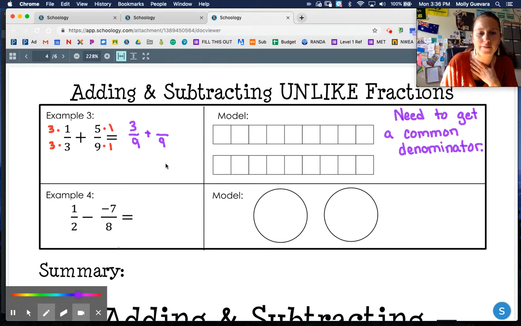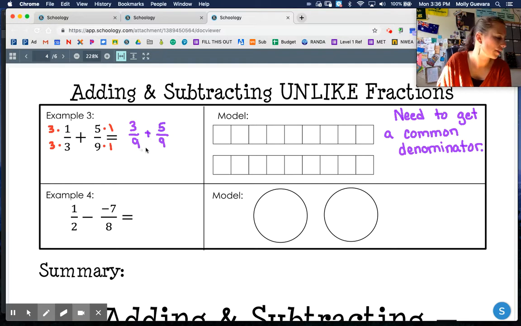You don't have to do this part if you can skip it, that's okay. 9 times 1 is 9. 5 times 1 is 5. So then now I have a common denominator, right? And I can just add across. So 3 plus 5 is 8, and then the denominator stays the same. So hopefully that makes sense.